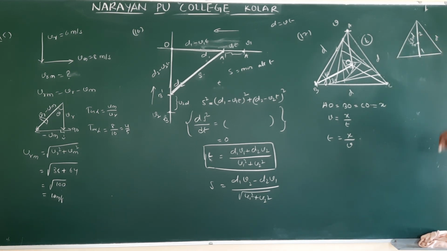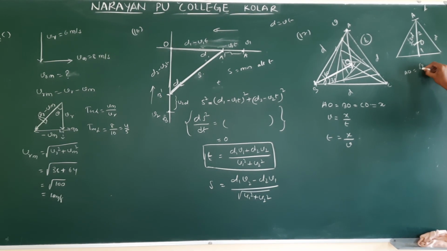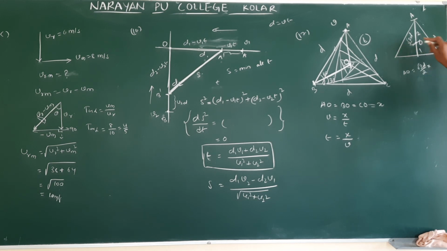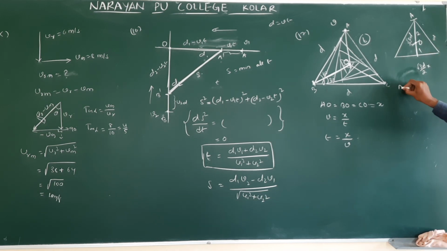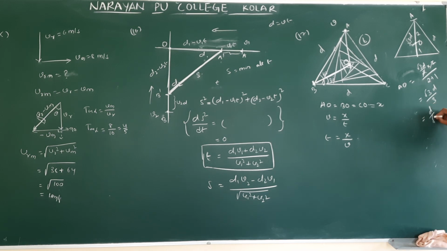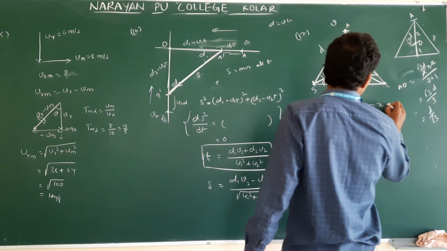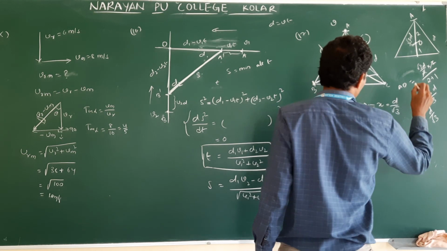So we require AO. AO, or BO or CO, is root 3 d by 2 into 2 by 2 plus 1. The 2 cancels, root 3 d by 3. The root 3 cancels, so it is d by root 3. So x here is d by root 3.